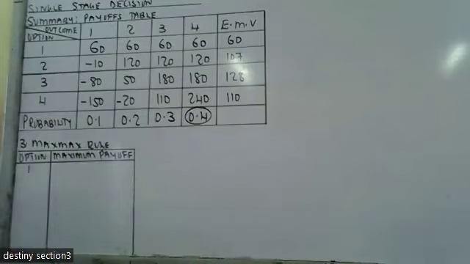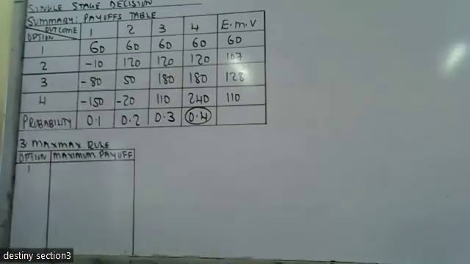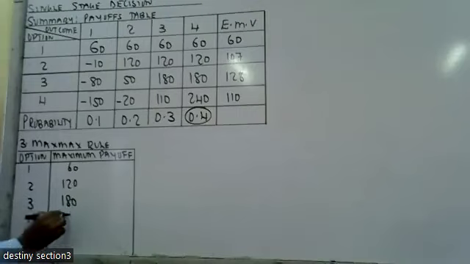So option 1, nakimbilia hapa, tunaangalia kati ya hizi nne, the highest is which? 60. Option 2, the highest is 120. Option 3, the highest is 180. Option 4, the highest is 240.